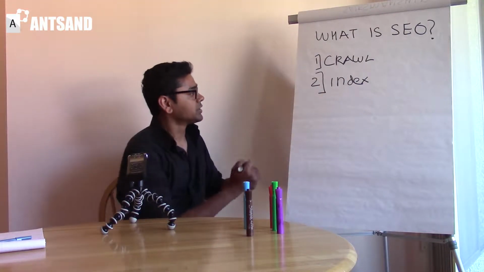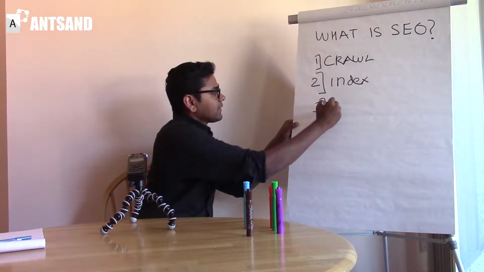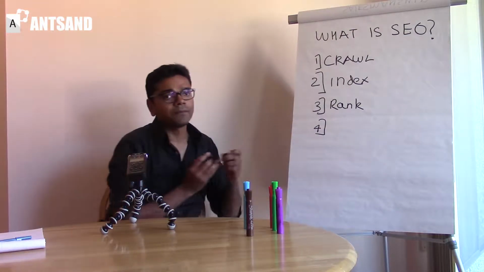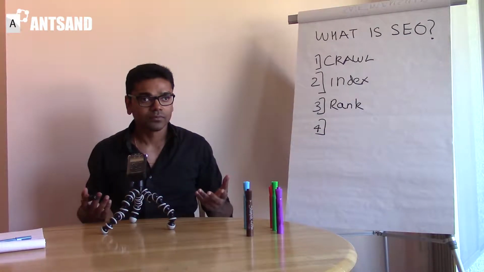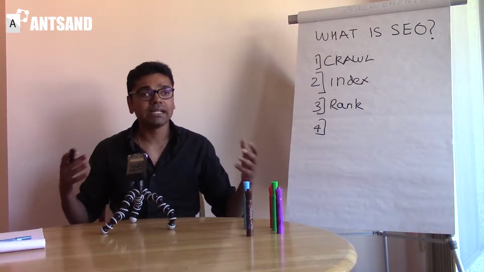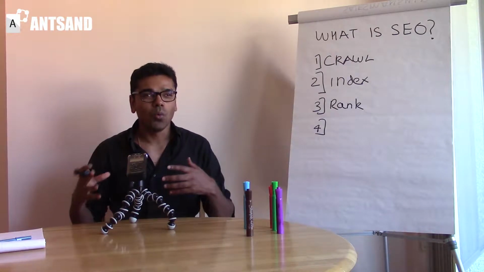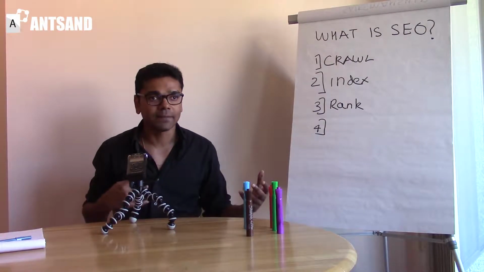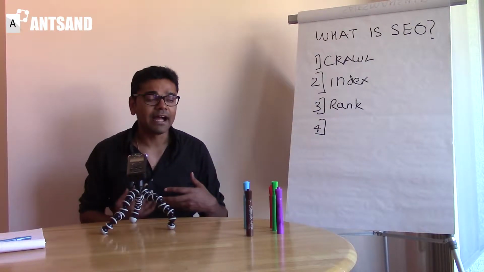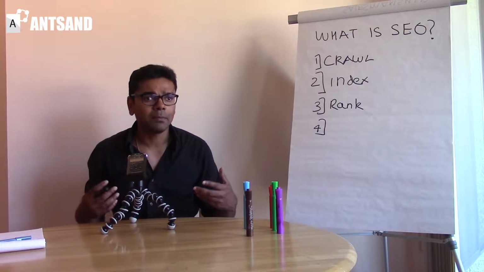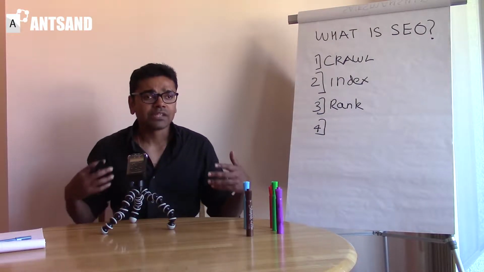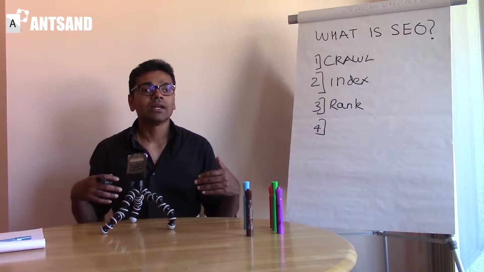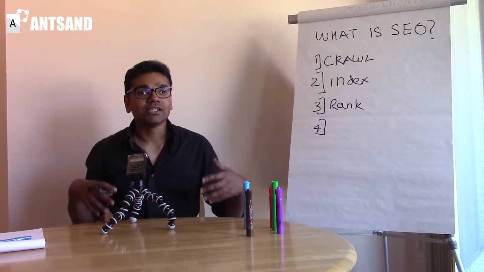The third part of the search engine is to rank. Now, after crawling the website and storing all the information in its database, it now needs to know for what particular keyword it should display a particular link. So for example, if I have a website on web development and website maintenance, and someone types, I need website maintenance, how would it know what website or what link it needs to display?